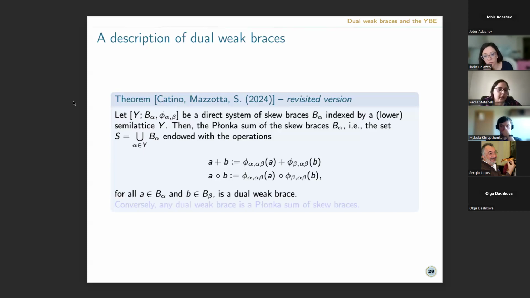I am showing this result in this revised version by using the Płonka sum. Conversely, any dual weak brace is a Płonka sum of skew braces, and this is obtained exactly by looking again at the special properties of the idempotents of a weak brace structure.